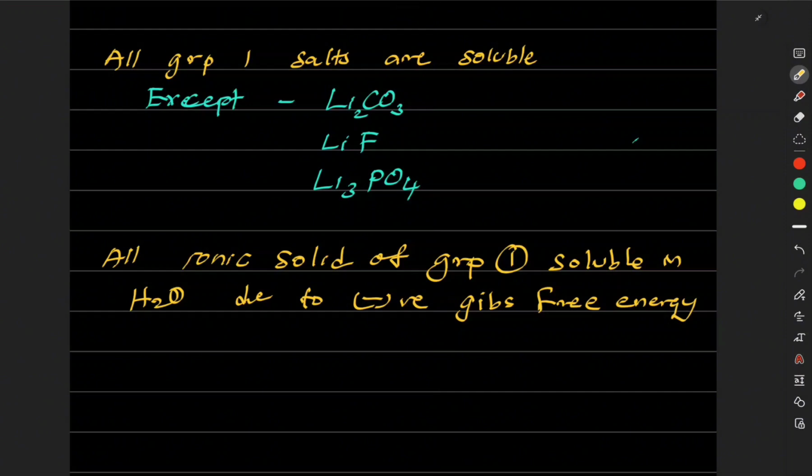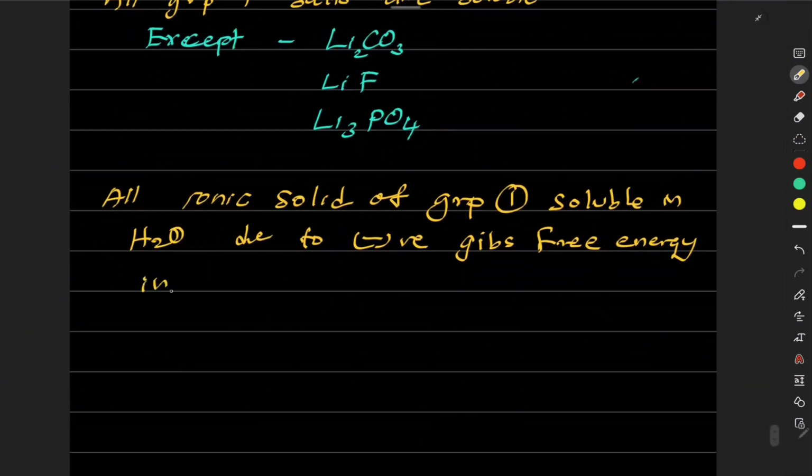All ionic solids of group 1 are soluble in water due to negative Gibbs free energy in the solvation process.